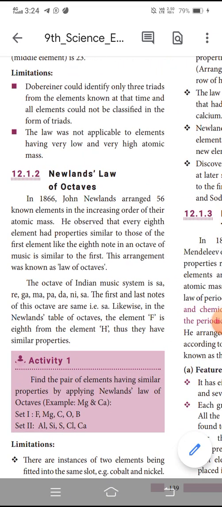He observed that every eighth element had properties similar to those of the first element, like the eighth note in an octave of music, which is similar to the first. This arrangement was known as the law of octaves. The first and last notes of this octave are the same.